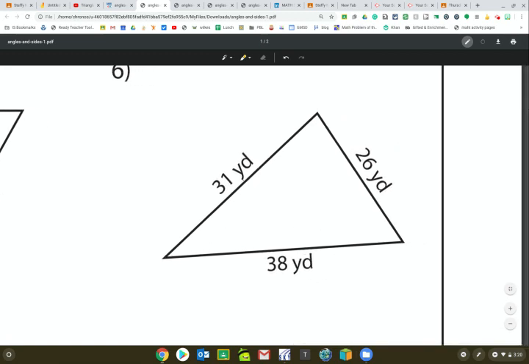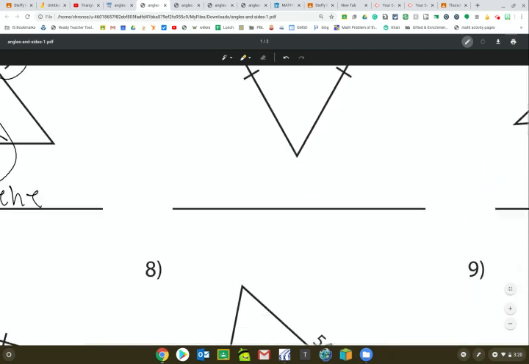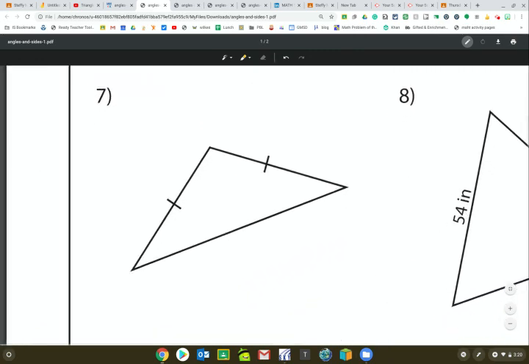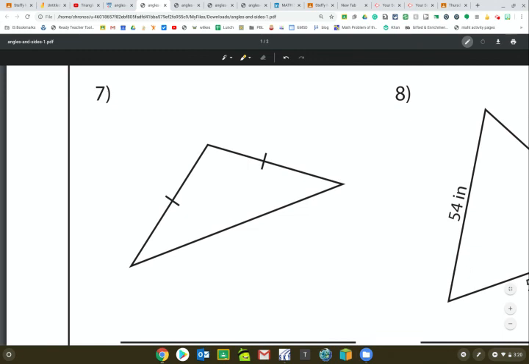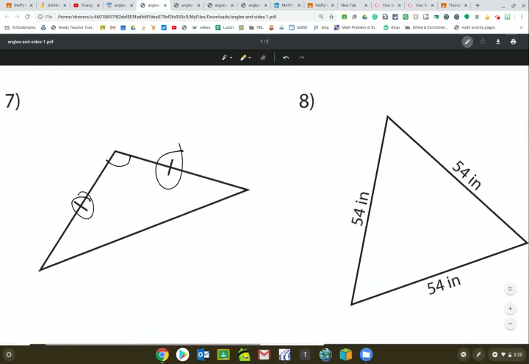This one to me looks like acute angles, and all of them are different sizes. So we have an acute scalene triangle. This triangle looks like it's greater than 90 degrees, so that's going to be obtuse. And then I have my two hash marks, so that's an obtuse isosceles triangle.